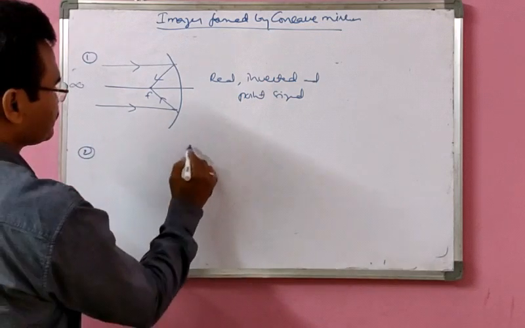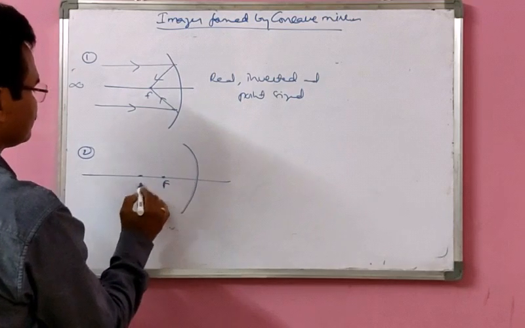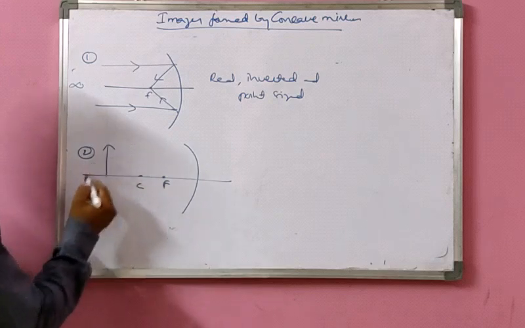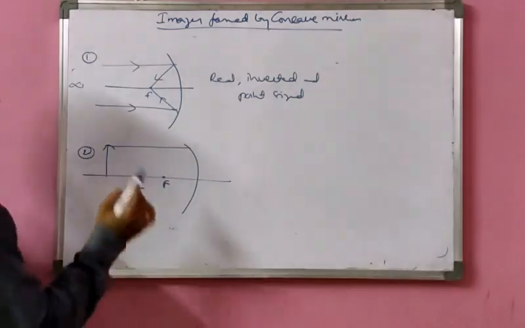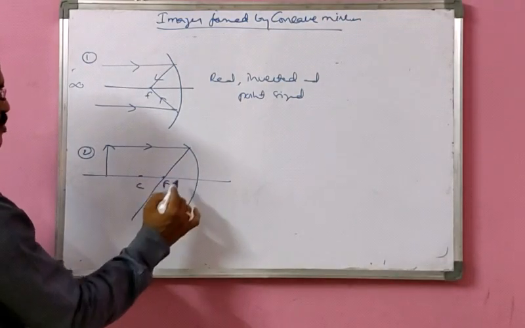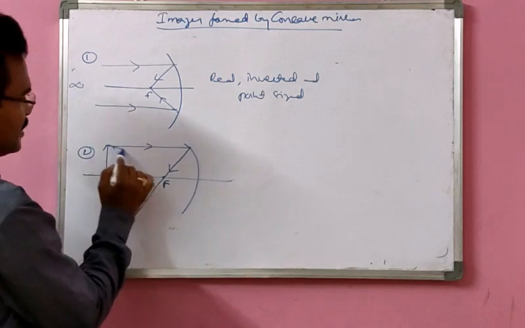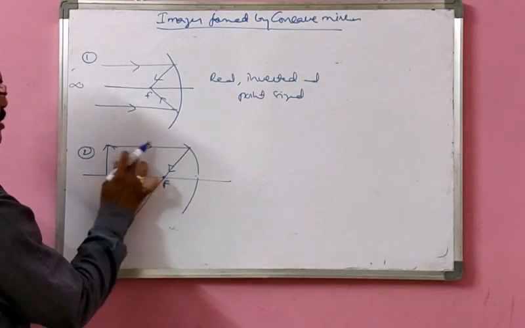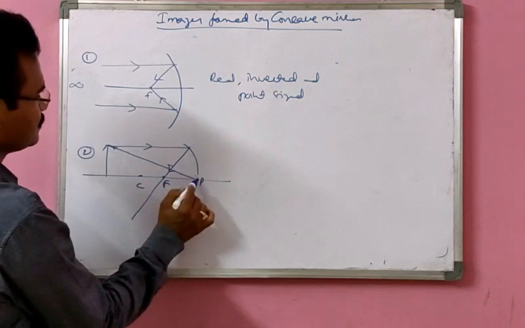Second one: the object is placed beyond C. If the object is placed beyond C, you draw two lines: one parallel to the principal axis, which after reflection passes through the focus, and another which should touch the pole.